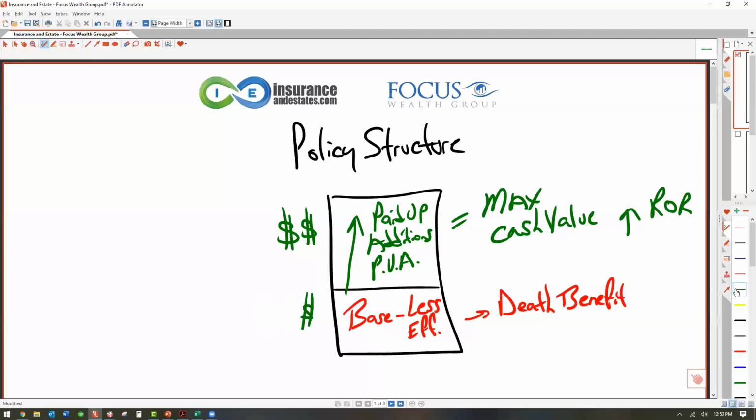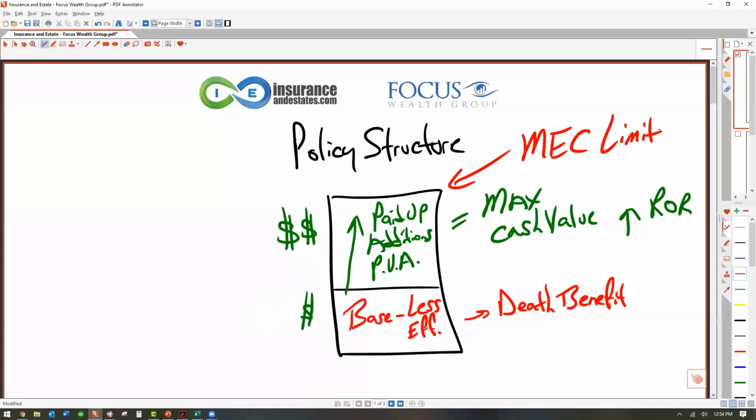It is good. And we're going to get to that right here. At the top of this line is what's called the MEC limit. It stands for Modified Endowment Contract, and it's an IRS rule. The life insurance companies abide by it, which simply says, yes, you can stuff as much cash into these policies as you want. There is no limit. But once a policy is in force, that in-force policy does have a limit.